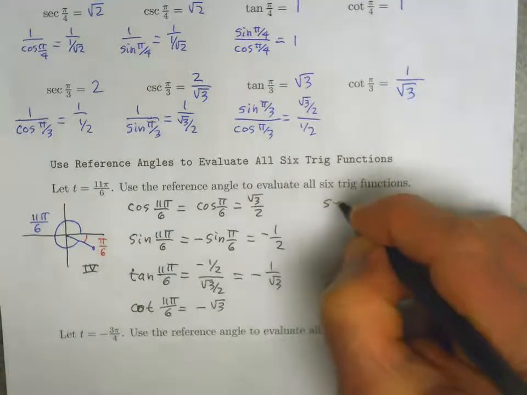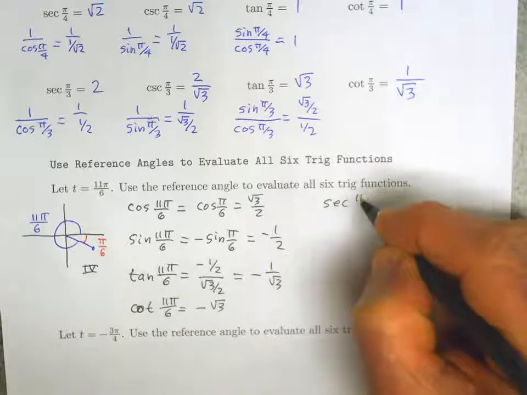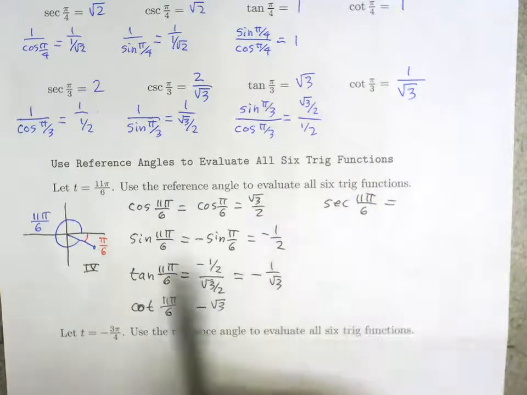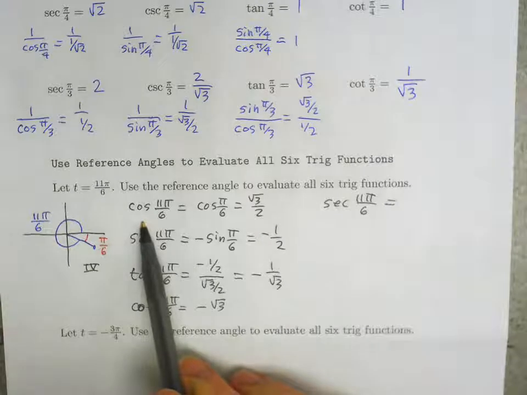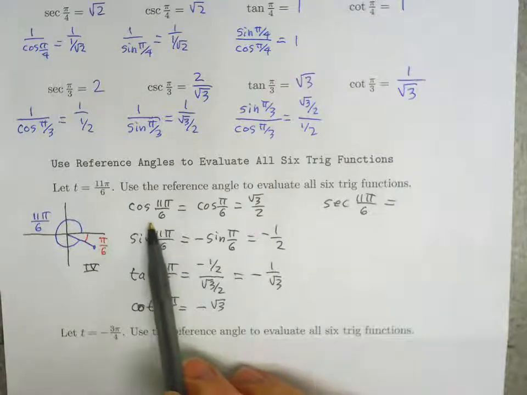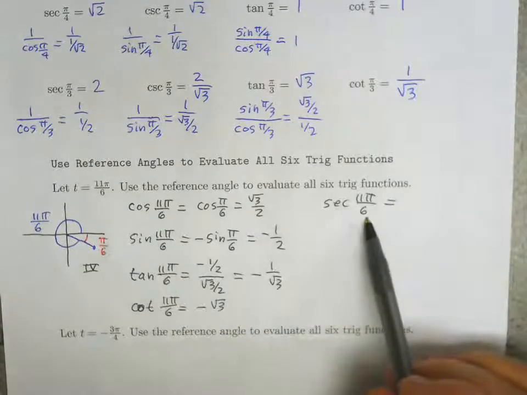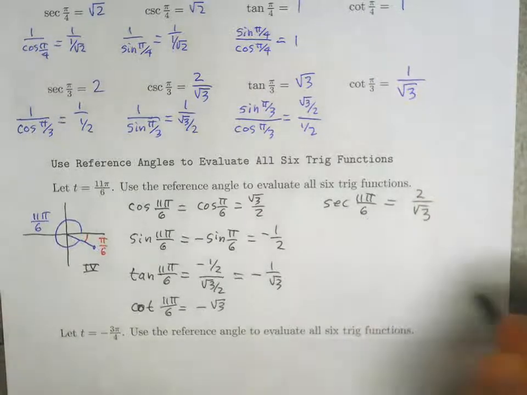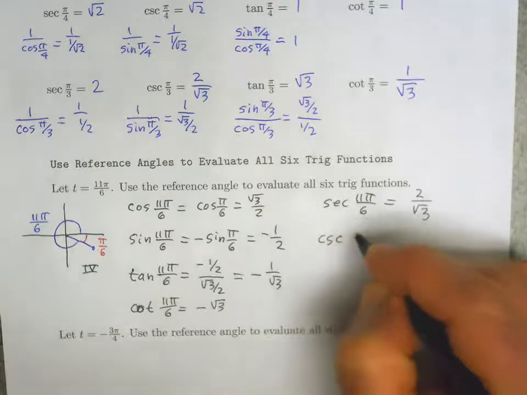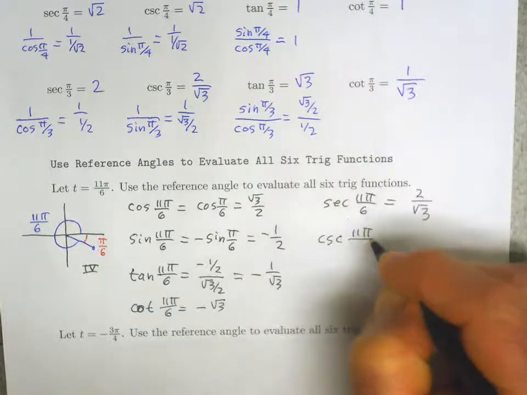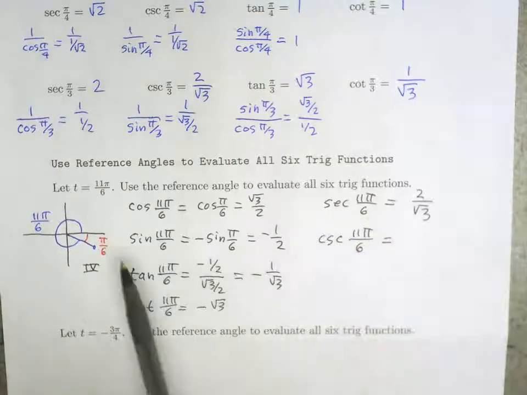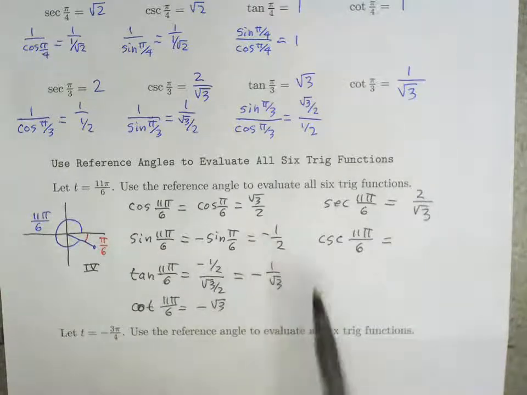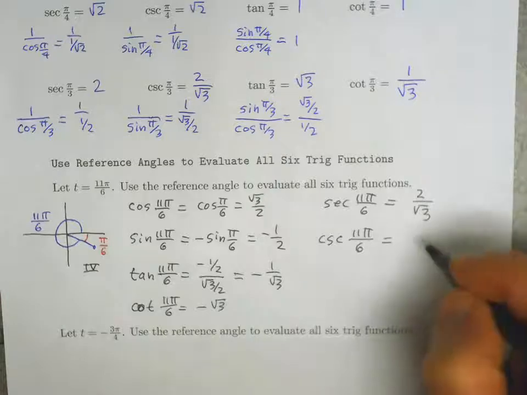And then secant of 11 pi over 6 is the reciprocal of cosine of 11 pi over 6. So the secant of 11 pi over 6 is 2 over the square root of 3. And cosecant of 11 pi over 6 is the reciprocal of sine of 11 pi over 6. And the reciprocal of negative 1/2 is just negative 2.